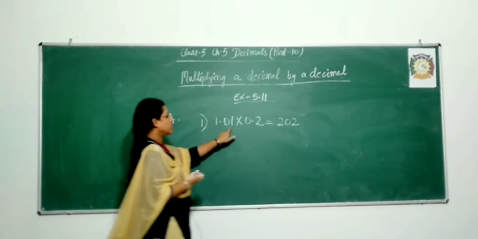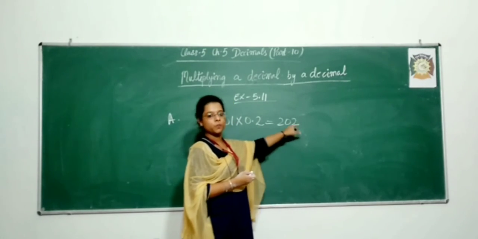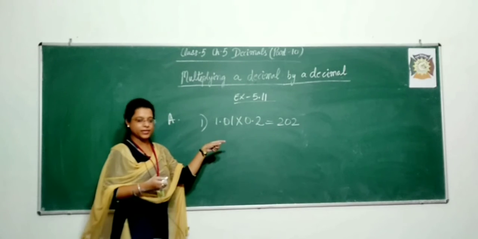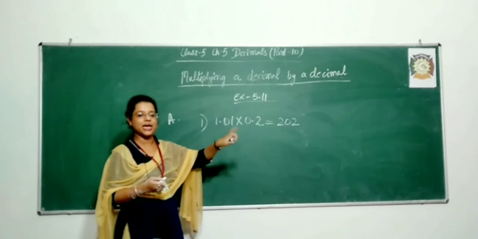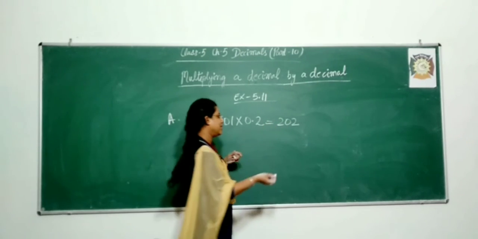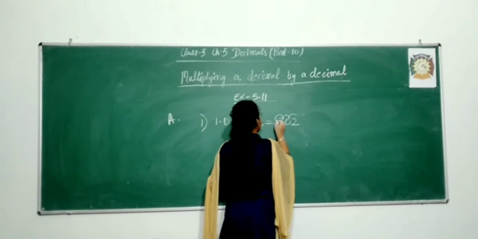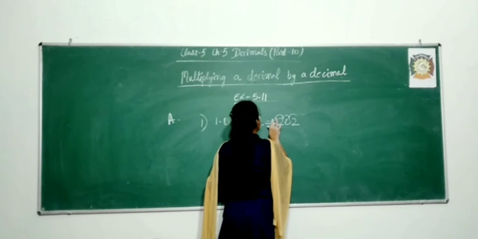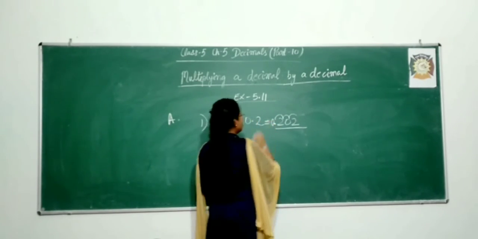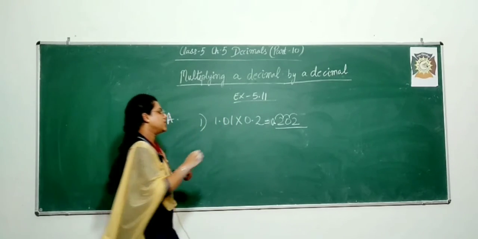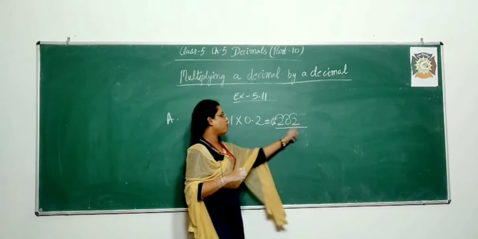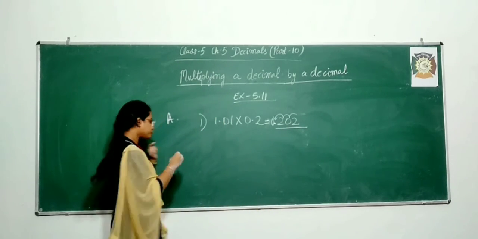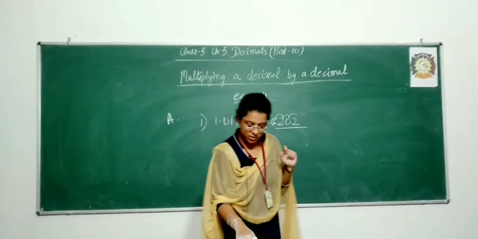See students, 101 into 2 will give you 202, but considering the decimal points, they are 3 in total, so decimal point will be placed at 3 positions moving from the right side. It will be coming at this point, so the answer should be 0.202. Alright, the decimal point will take this position, that is after the third digit moving from the right side, right?